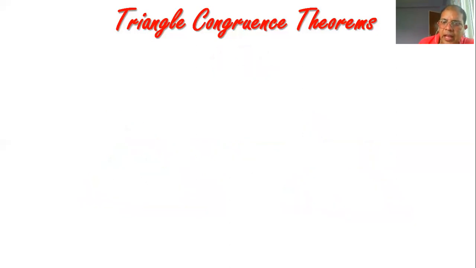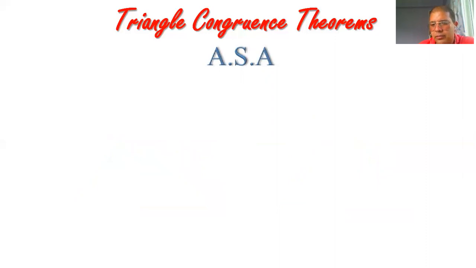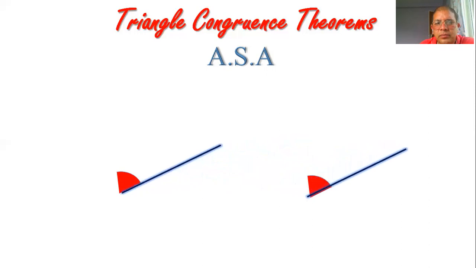Now I want to show you another example. It is the A.S.A. axiom. In this axiom, first you should take one angle, then after that a side. Now take the side and another angle also equal.